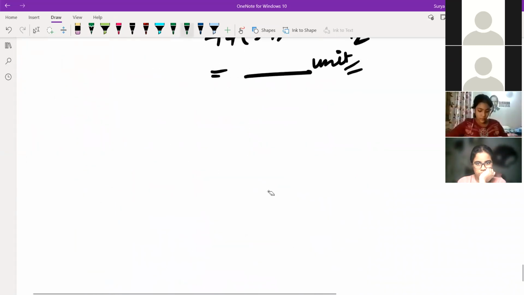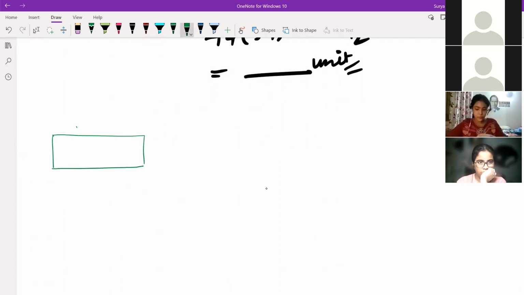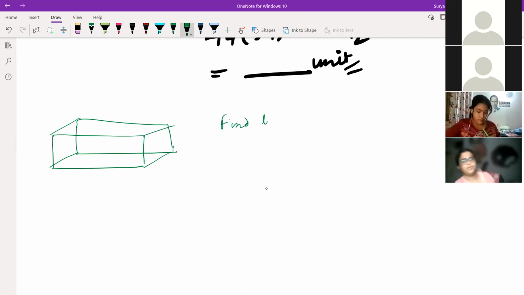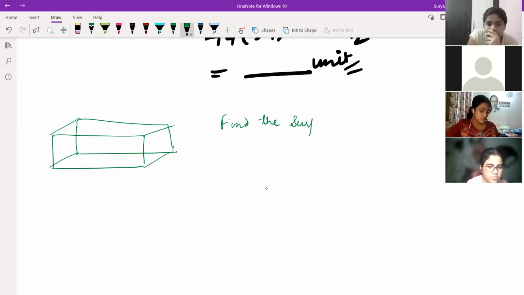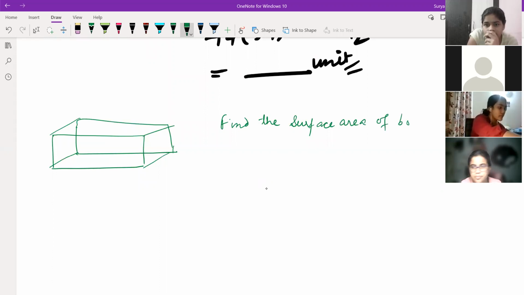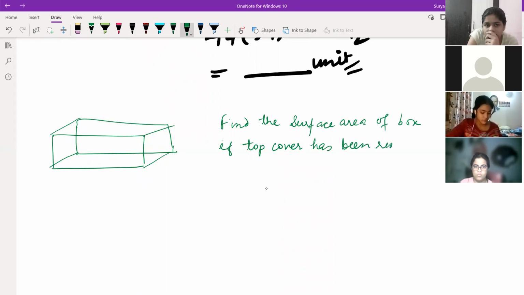Some question is there. I'm just writing here cuboid. Okay. This is your cuboid right now. Find the surface area of box if top cover has been removed. So I'm just telling you the height, length, width.